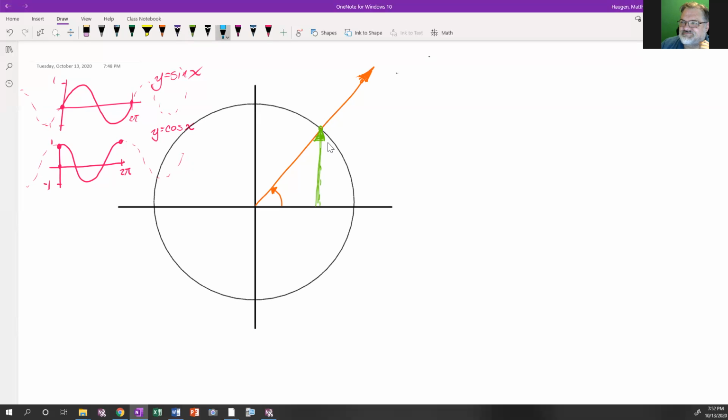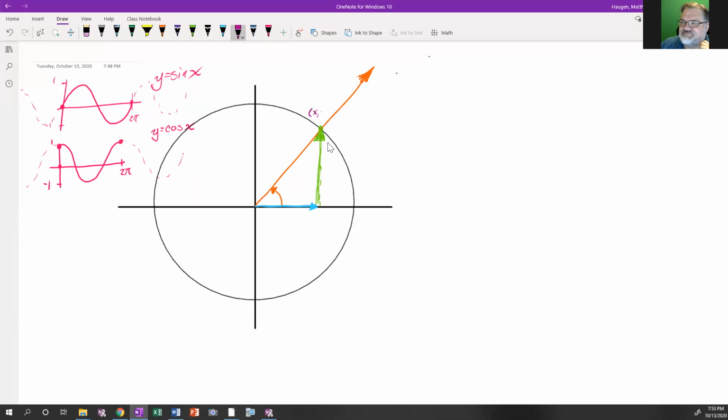We conceptualize cosine as this length, the horizontal displacement caused by that angle. And when we're talking in terms of triangles, we talk about those as being the opposite and adjacent sides, respectively, or the x and y coordinates of that point up there.